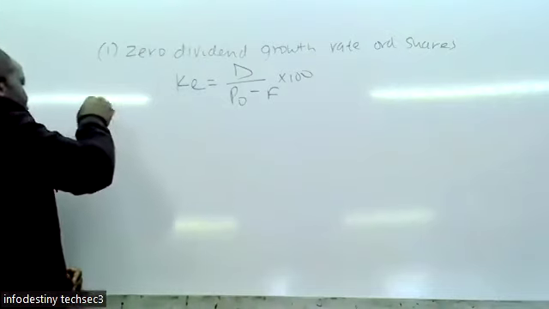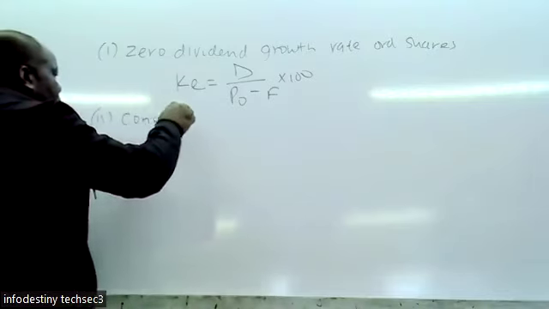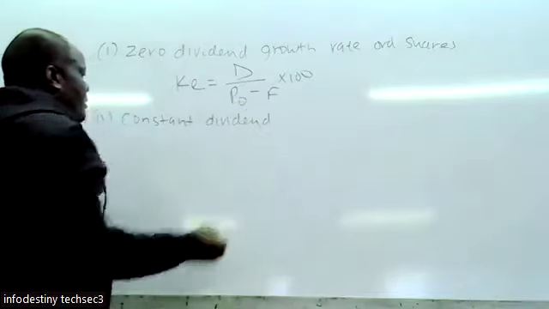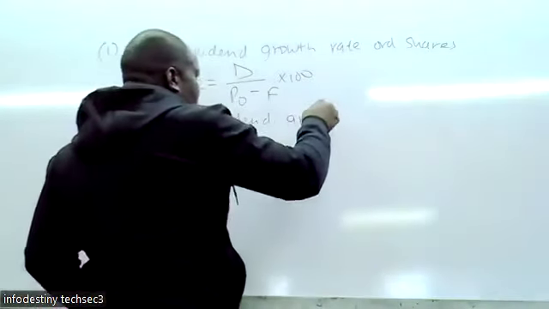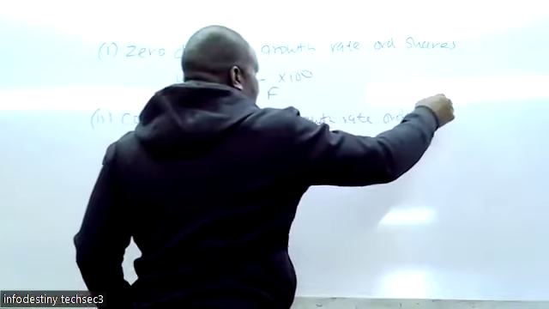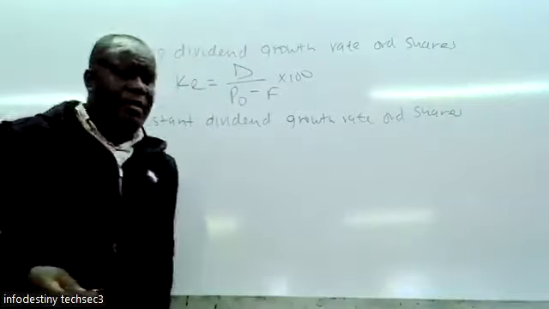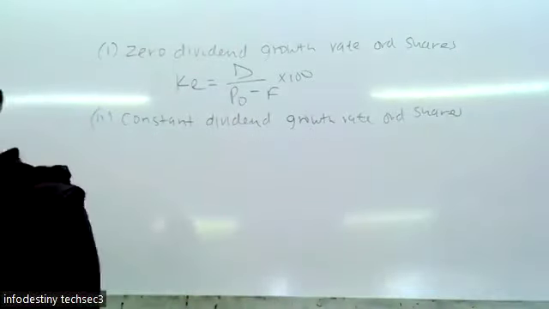So number two will be constant dividend growth rate ordinary shares.